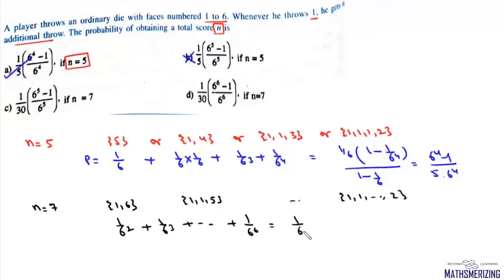Now this is 1 upon 6 square into 1 minus 1 upon 6 to the power 5 upon 1 minus 1 upon 6. Now this is 6 to the power 5 minus 1 upon 5 into 6 to the power 5. That means this option C is also correct. So the correct options are A and C.